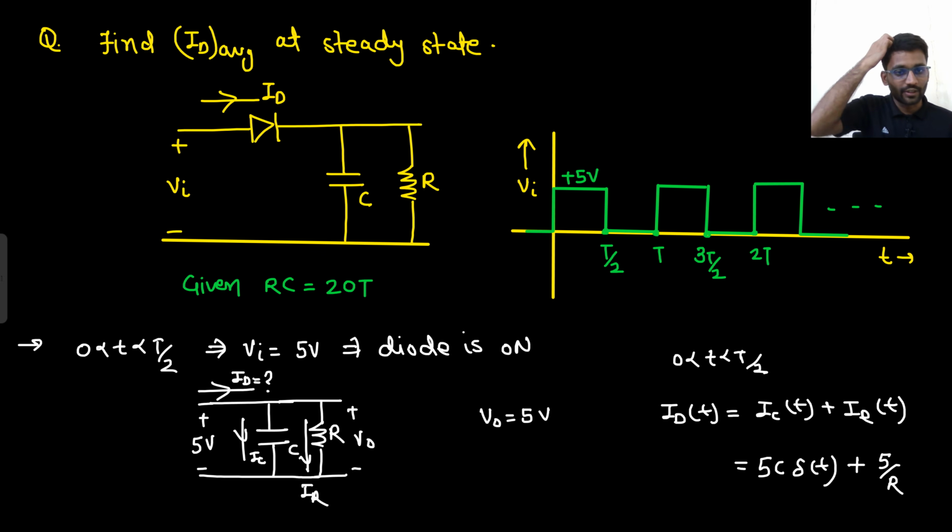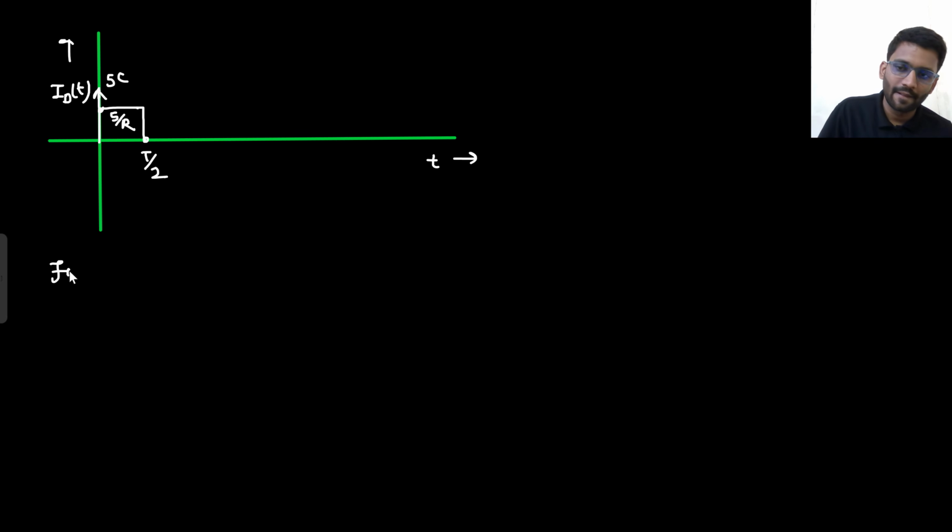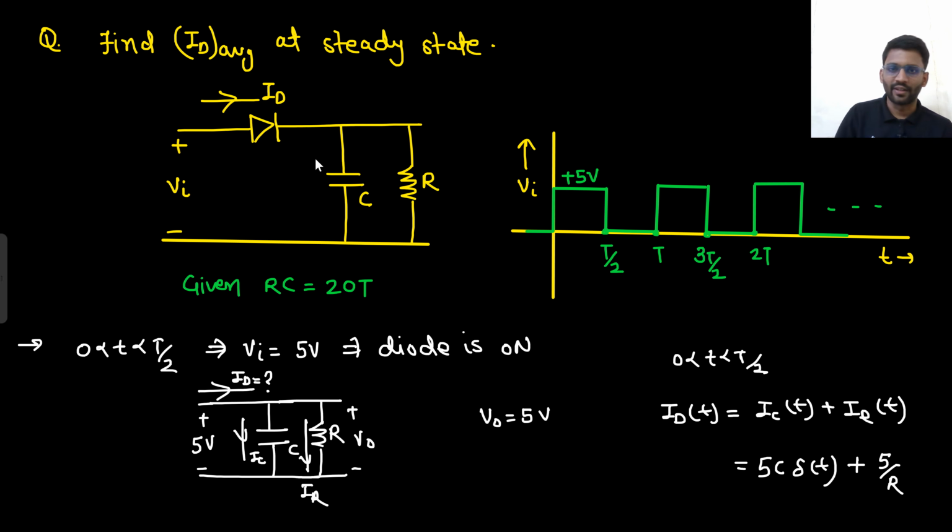Now what will happen for T by 2 to T? For T by 2 to T, what is your input? Input is 0 volt now. This input is 0 volt and this is charged to 5 volt. So here you are having 0 volt and here you are having 5 volt. What will happen? Diode will turn off.